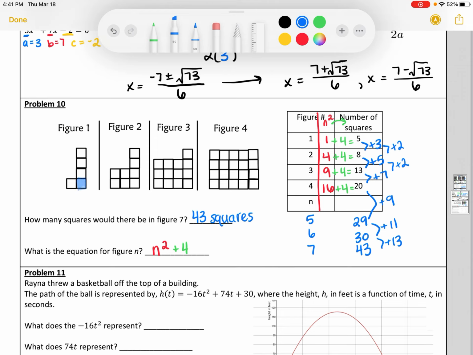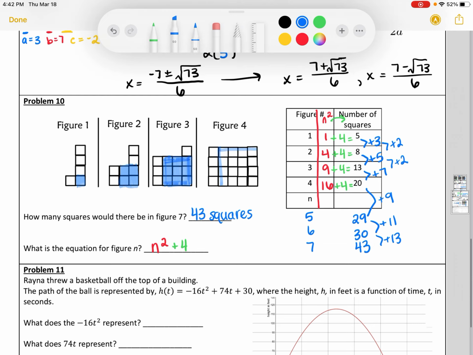So like figure 1 starts with 1 square. Figure 2 starts with 4 squares because it's 2 times 2. If you find the perfect squares in each figure, so 3 is 3 by 3, think of it as a 3 by 3 square. My highlighter is not working very well. And then figure 4 would be a 4 by 4 square.